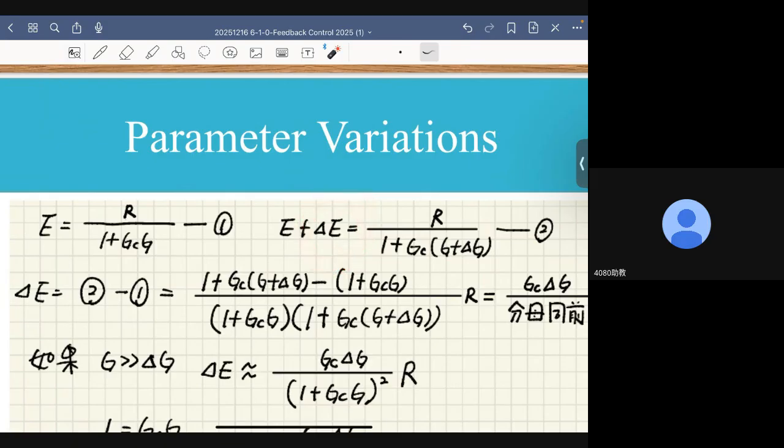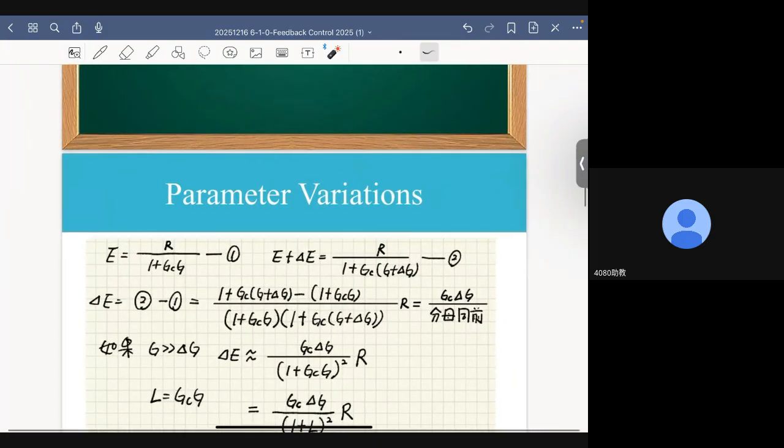What I need to do is reduce this as much as possible, because I can reduce this by increasing GC, right? The next thing I need to do is, of course, reduce this as much as possible to counteract the impact of parameter variation. To do that, the first thing I need to do is to understand what this additional error is made of, all right?